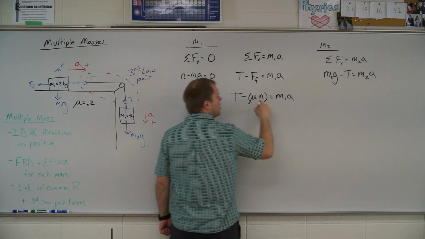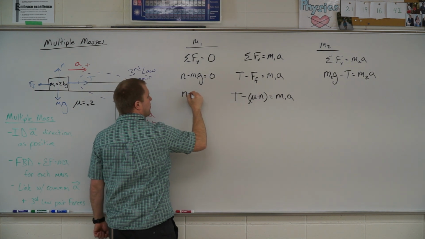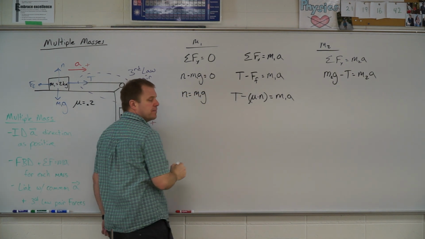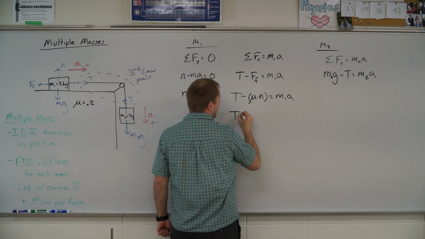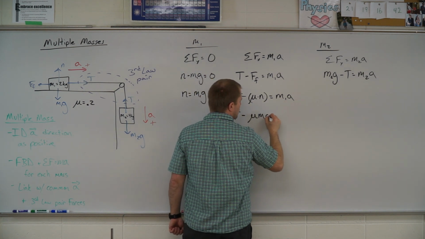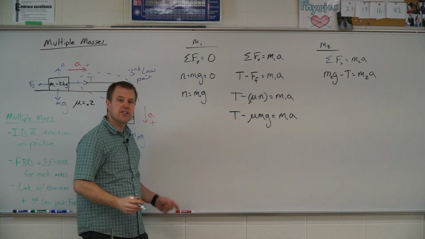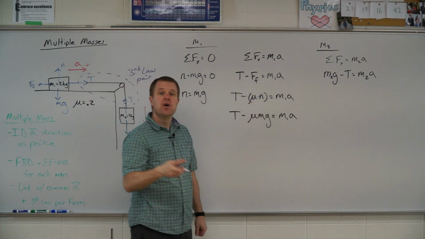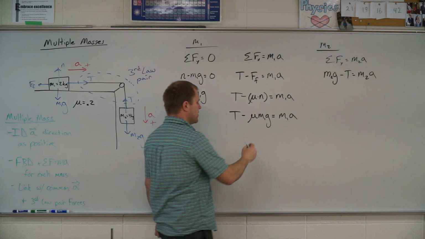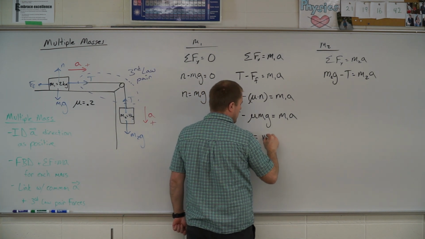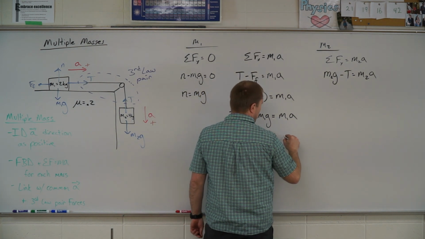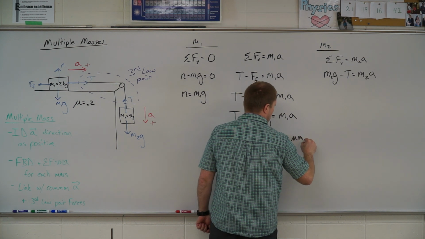I solve for the normal force in the y direction and substitute that in. Now I have tension minus mu M1G equals M1A. Solving for tension so I can substitute it in, I have tension is M1A plus mu M1G.